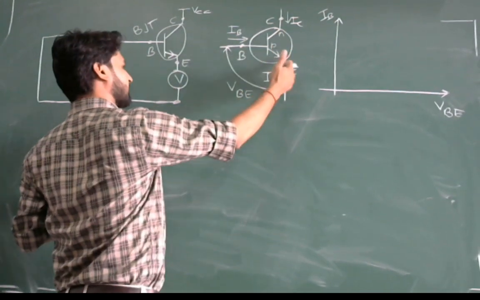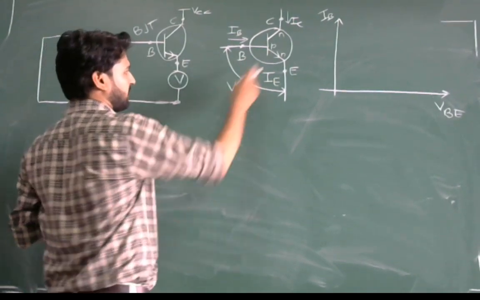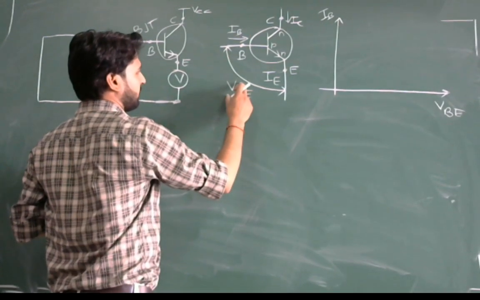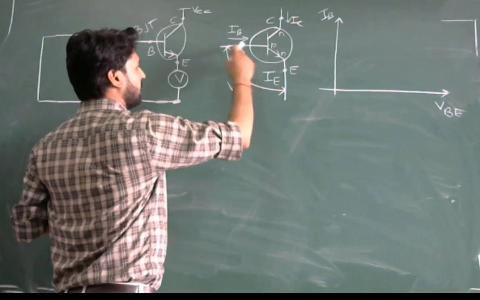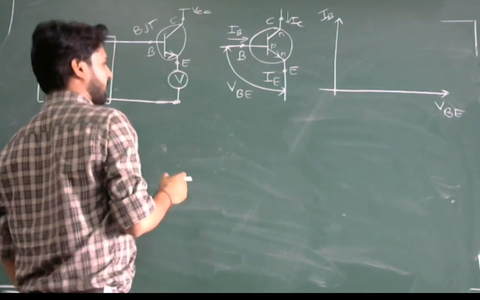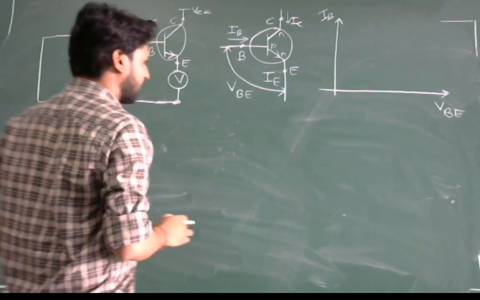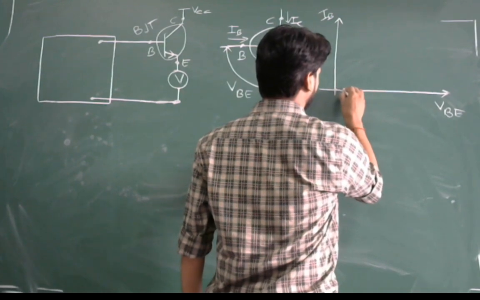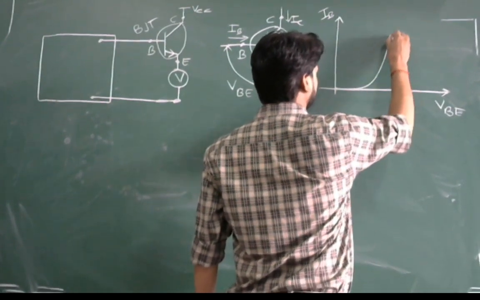Simply it is a PN junction diode, because this is P material and this is N material, and the characteristic will be the same as the PN junction diode. So the characteristic will be something like this.